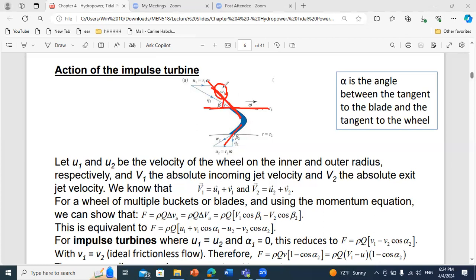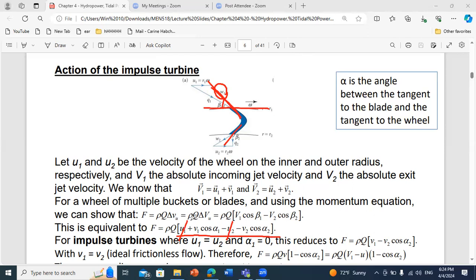You can project omega, the relative velocity of water with respect to the blade, on the tangent to the wheel, which will lead to rotation of the turbine blades. Now, this is the expression we get after projection. But as we said, for an impulse turbine, we have R1 equal R2. That's why U1 will cancel out with U2.